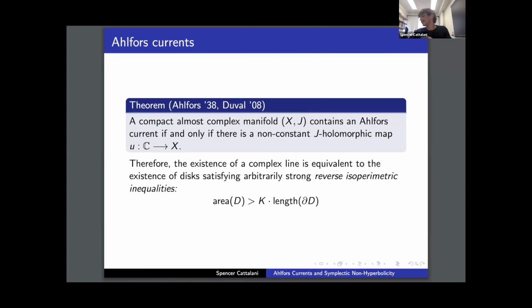At some point you're working with analytic things, you need some estimate. But this is a very pleasant estimate. It's geometrically interpretable, invariant under reparameterization. It's just a geometric inequality.